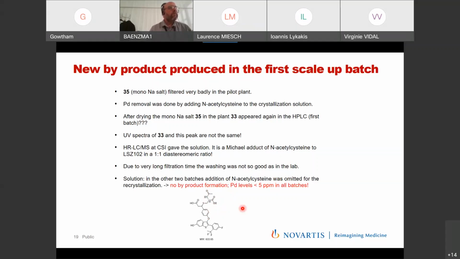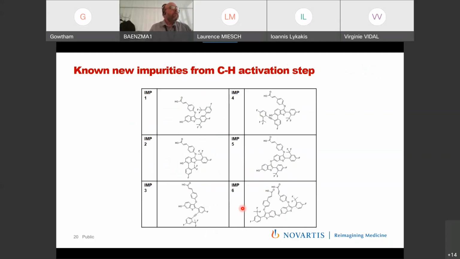The N-acetylcysteine wasn't washed out very well because the product filtered very badly in the pilot plant, and after drying, it just gave this adduct. We also could isolate and identify 6 impurities coming from the CH activation, which are shown here in this slide.